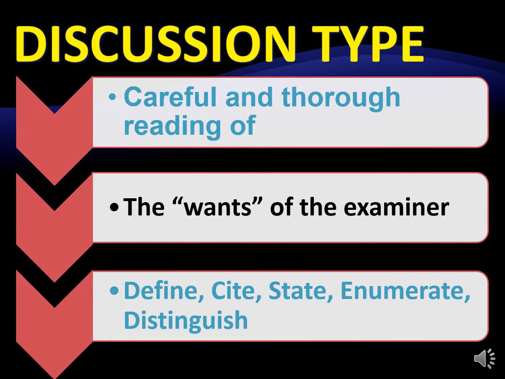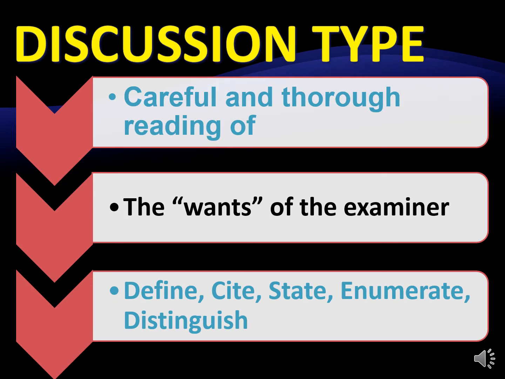There must be a careful and thorough reading of the cue words of the examiner, which are define, cite, state, enumerate, or distinguish. Do not be frightened when you see the word cite. Your examiner is not asking you to state the specific provisions, such as Article so and so of the Penal Code, Article so and so of the Civil Code.